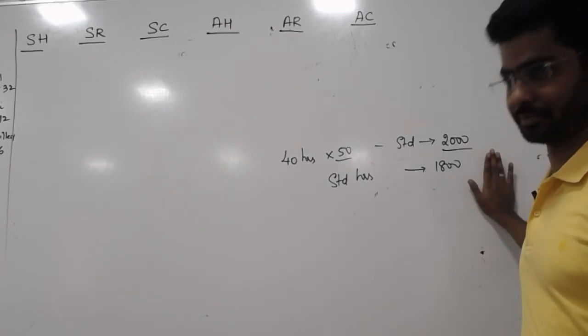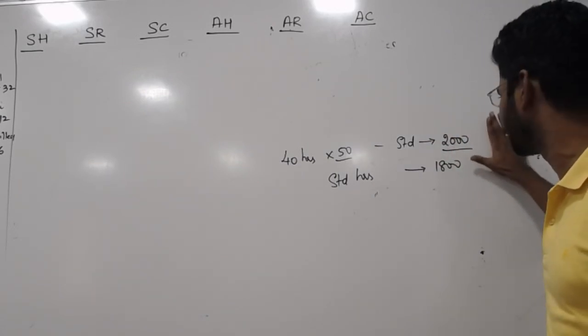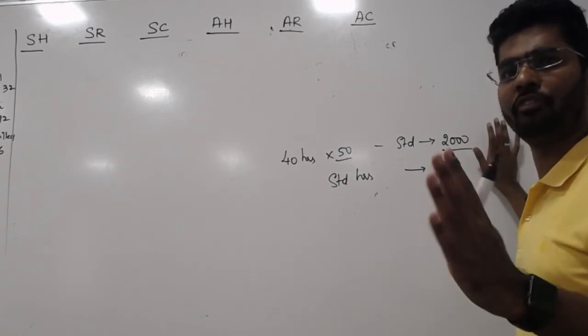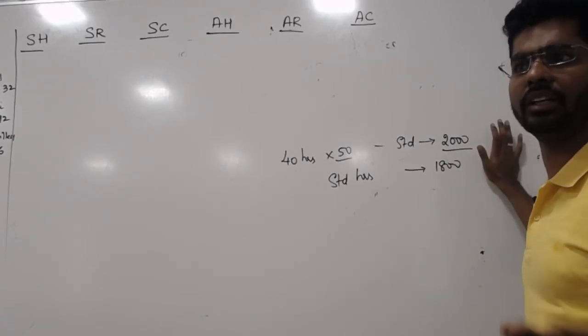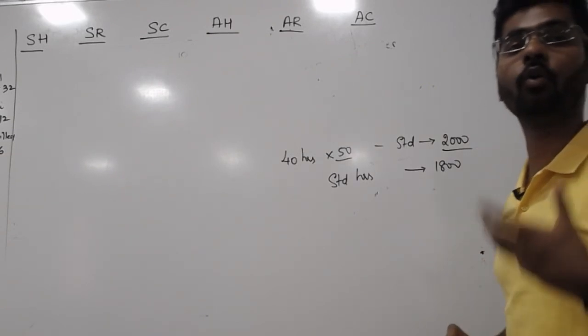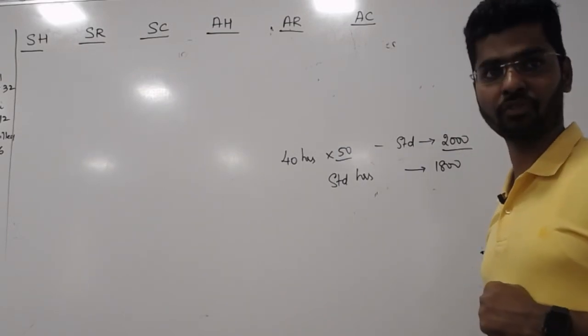That means, can I say overall all the employees are getting 200 hours of time for maybe their idle time? Yes. So now, how do I find my standard hours for each of them?